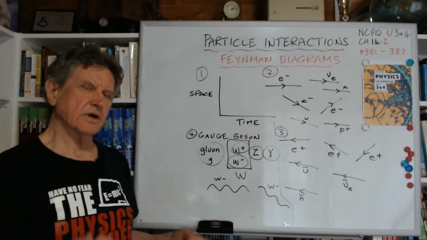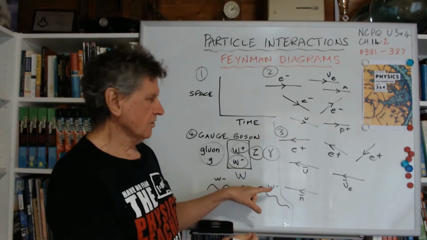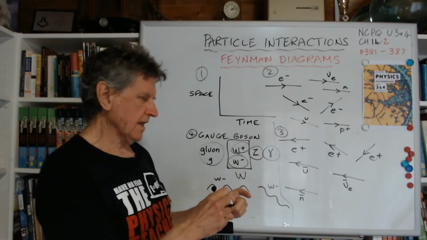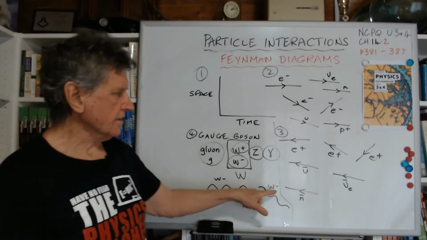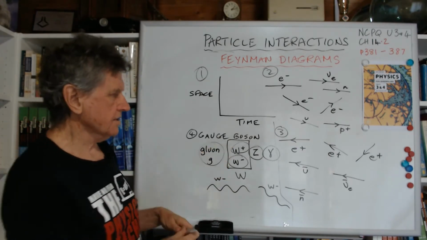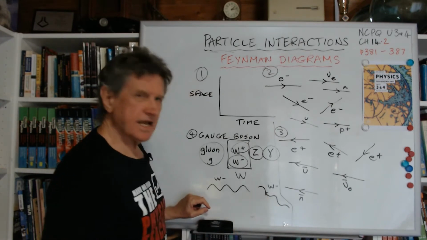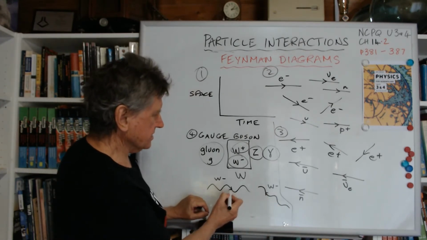You could, if you like. Some books do. They tend to put a straight line and call it W minus, and they indicate that the minus is the antiparticle of the plus.